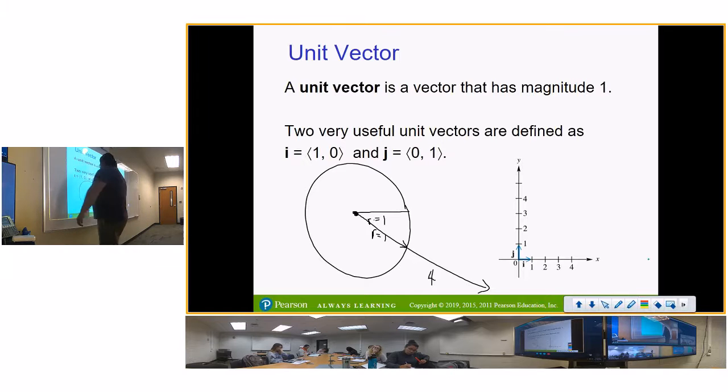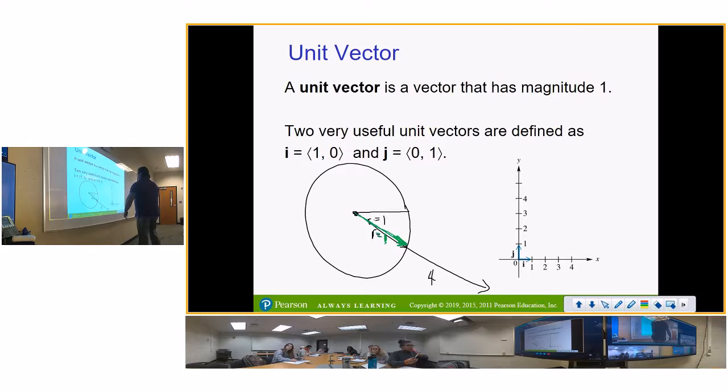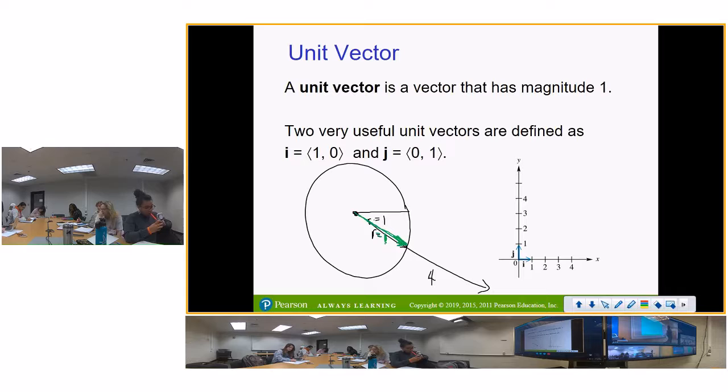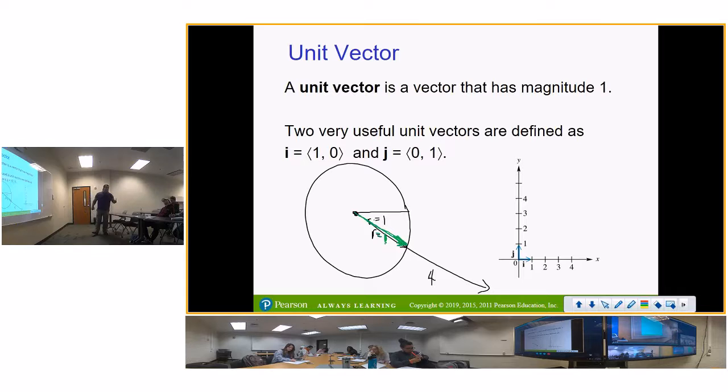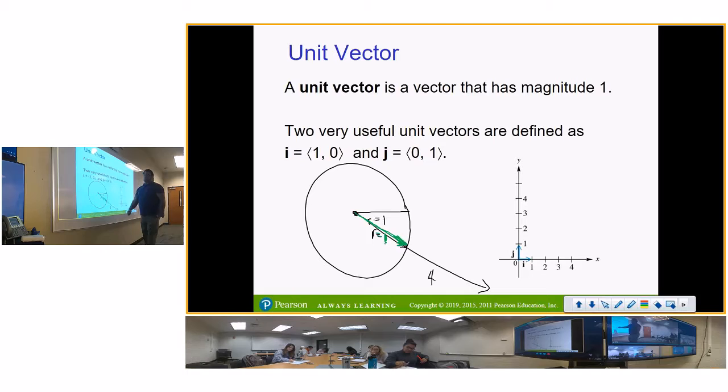And it's very important for some of y'all to write down. The unit vector is a vector whose magnitude is always what? 1. So make sure you write that down, because that's where the term unit vector comes from. It comes from the unit circle. And that's where all your directions come from, because everything is based on the unit circle.